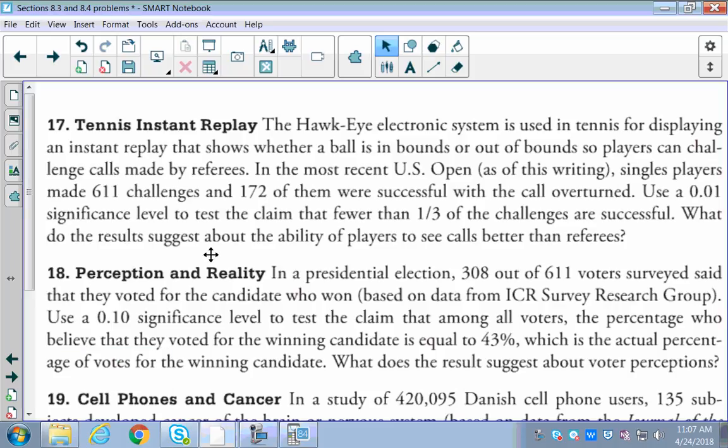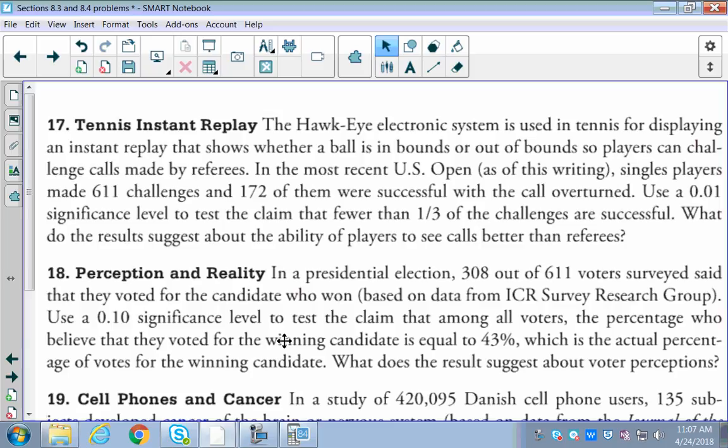Okay, so back to problems from 8.3 and 8.4. One that we haven't done yet is number 17 on tennis instant replay. The Hawkeye electronic system is used in tennis for displaying an instant replay that shows whether a ball is in bounds or out of bounds so players can challenge calls made by referees.